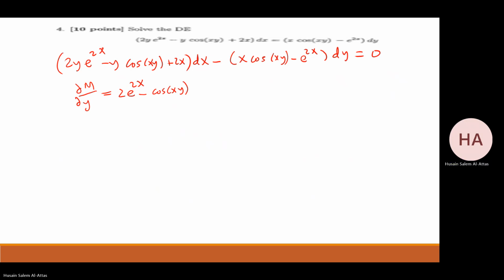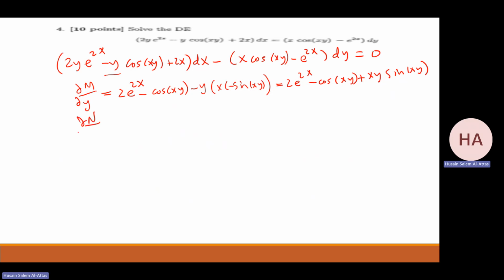Yeah, minus this. Now this one is what? So I have minus y times x minus sine xy. Yeah, we can do the calculation. That will be 2e to x minus cosine xy plus xy sine xy.